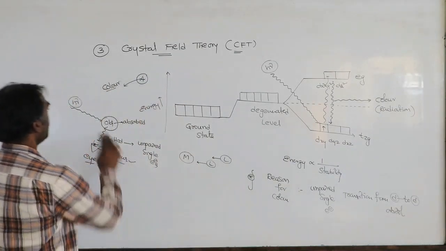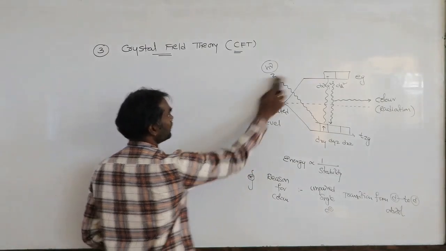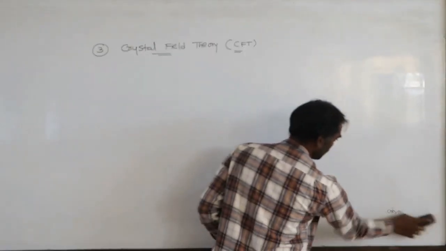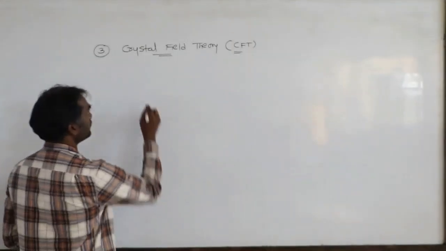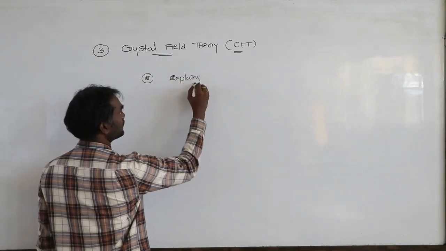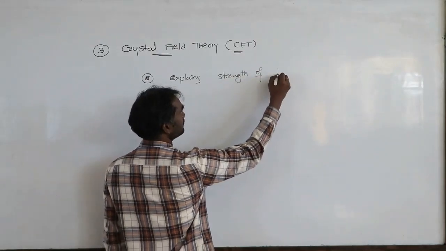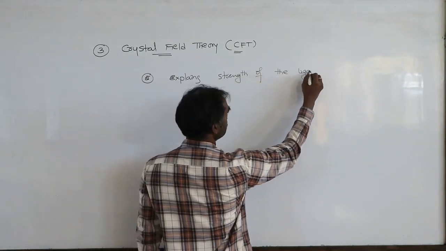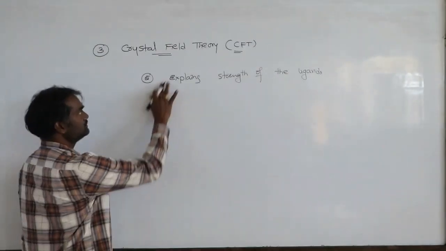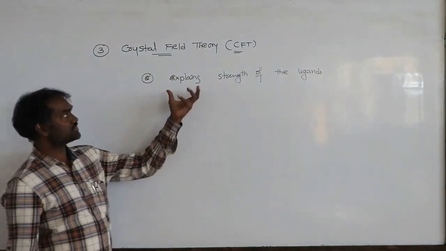Next, this theory also explains the order of the strength of the ligands. This theory explains the strength of the ligands by using electrochemical series, that is, the standard reduction potential values.